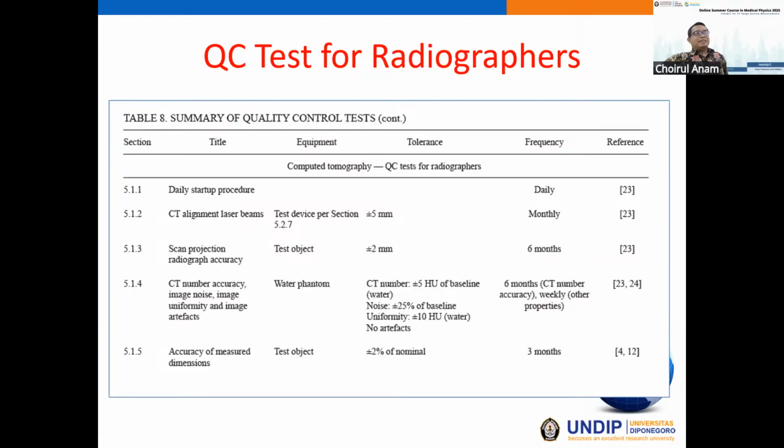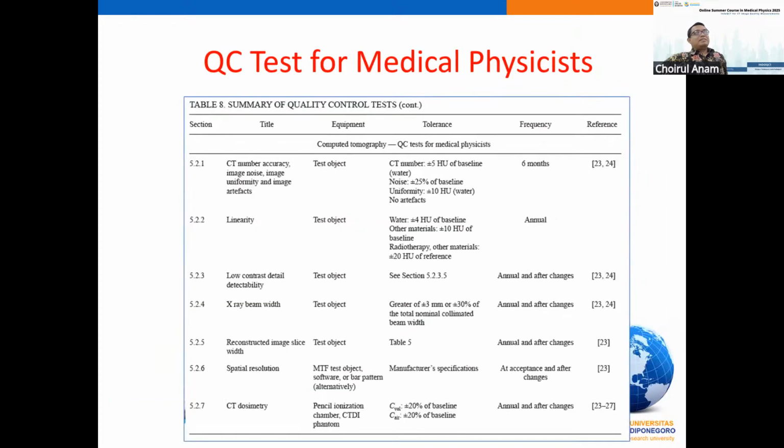This is the table from the IAEA report, the quality control tests for the radiographer. The radiographers can measure the very basic parameters, for example, the CT alignment laser beam, accuracy of dimension, and so on. And this is the task that should be done by the medical physicist based on the IAEA report.